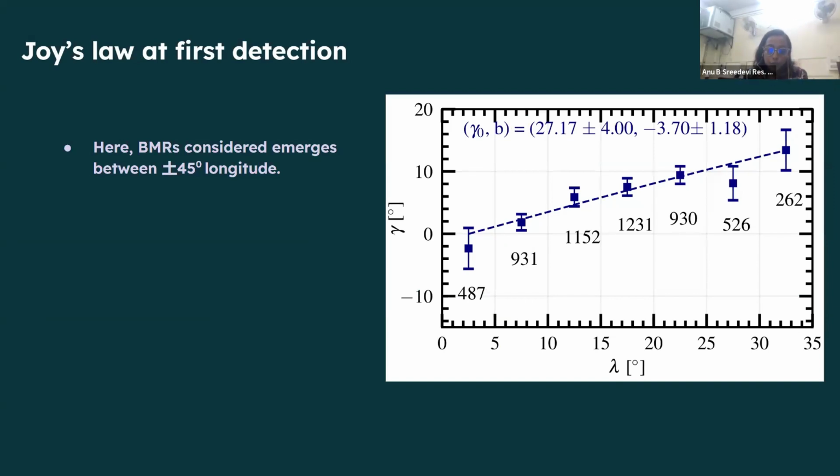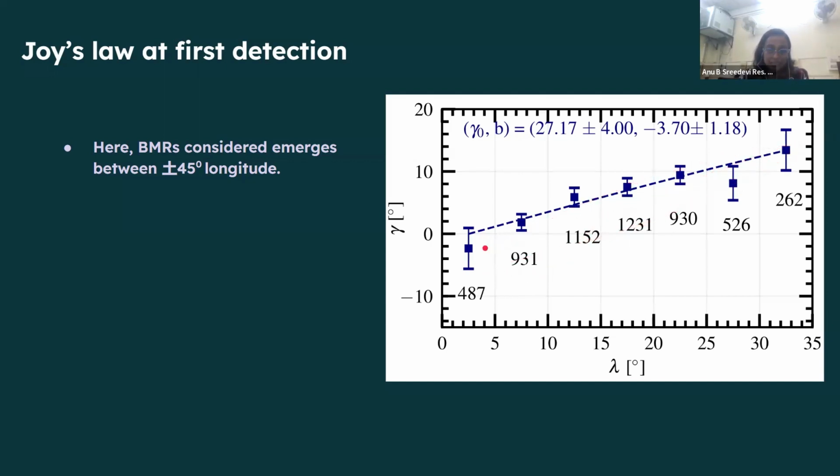For this, I collected all of the BMRs in my catalog which emerged between plus and minus 45-degree longitude, and then I plotted the Joy's law slope. I tried to see whether the Joy's law trend is evident or not, and I see that the Joy's law trend is there.